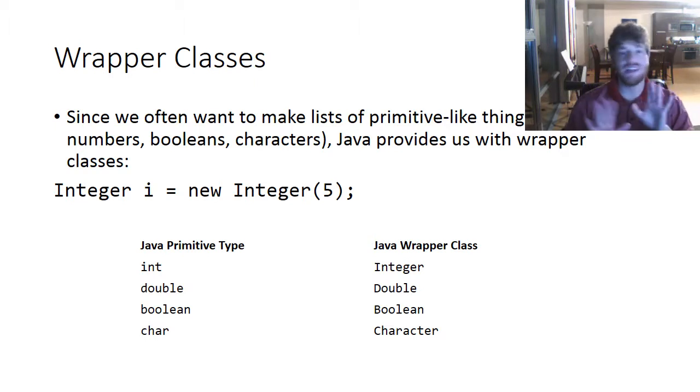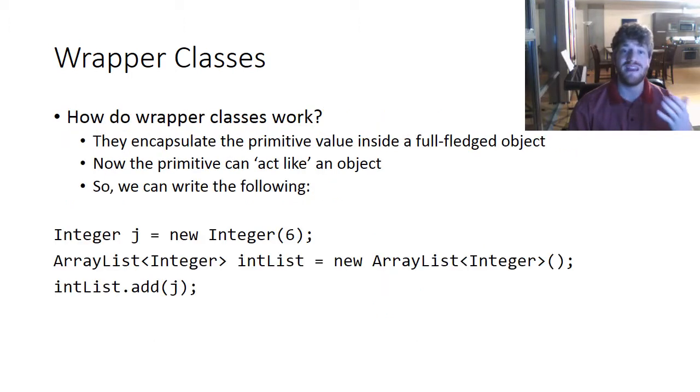Now this may all sound very pedantic and silly, but it's important because this is what allows us to make array lists of ints or doubles or chars. So once again, what the wrapper class does is it encapsulates the primitive value inside of an object so that the primitive value can act like a full-fledged object.